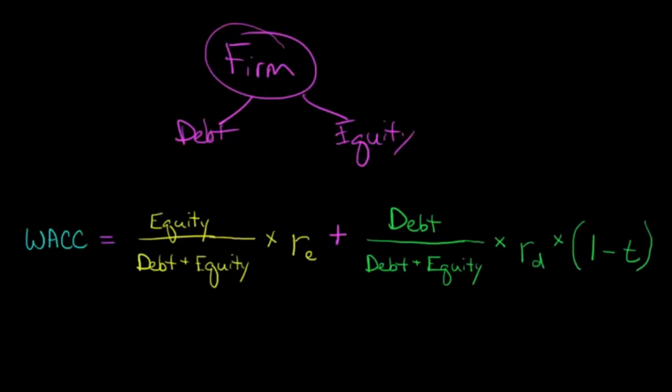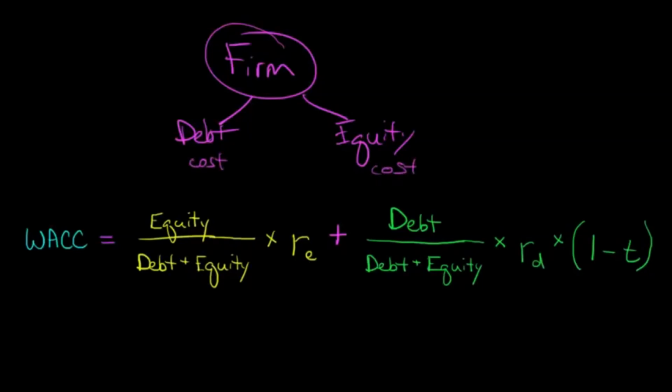So we're looking at this mix of debt and equity, and then we're going to calculate the cost for each one: the cost of equity, that's the RE, and then the cost of debt after factoring in the tax considerations. We're basically going to assign a cost to each one.